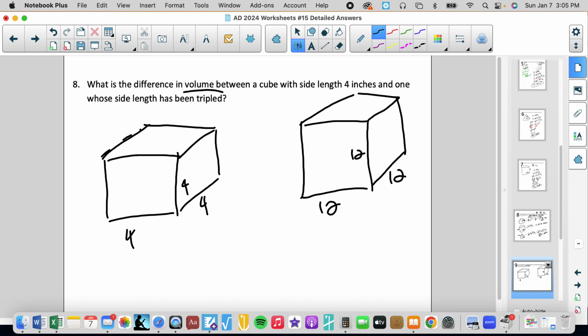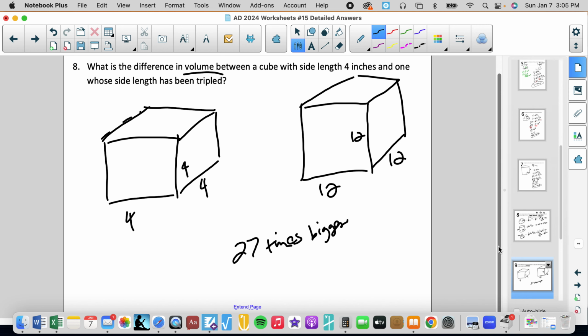What is the difference in volume? So that's going to be 3 to the third. So I'm going to say 27 times. I'm going to guess that it's 27 times bigger, and we'll see. So it's going to be side length cubed.